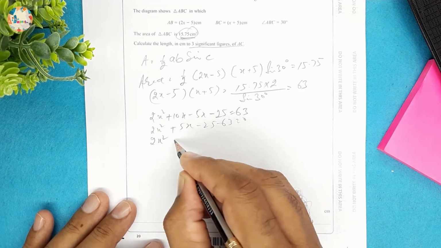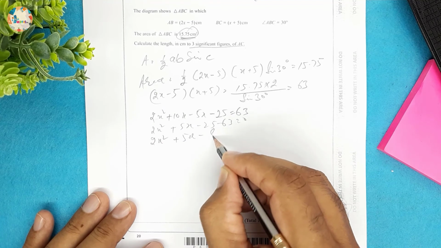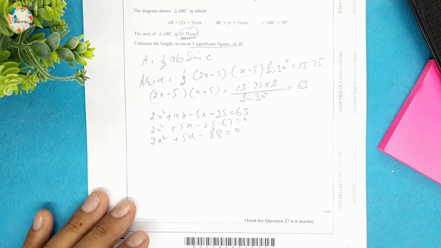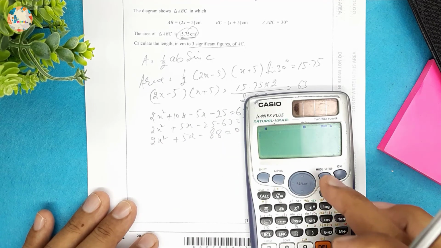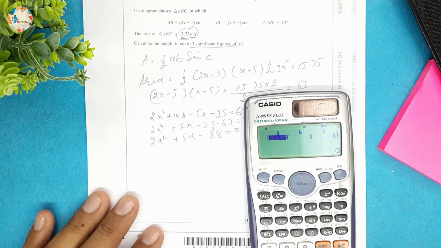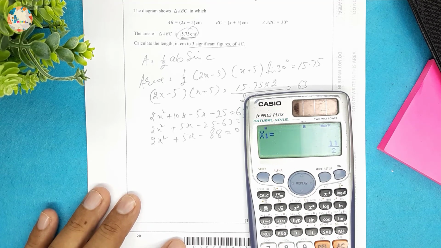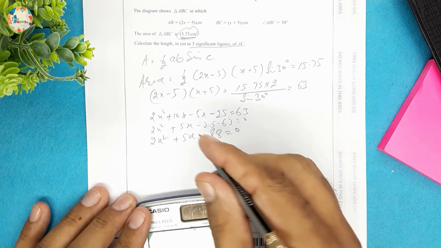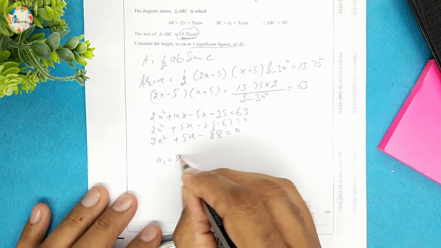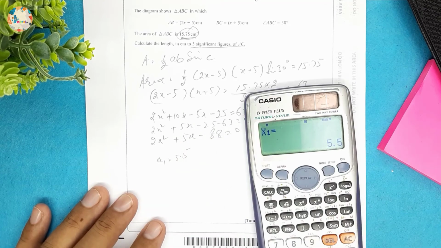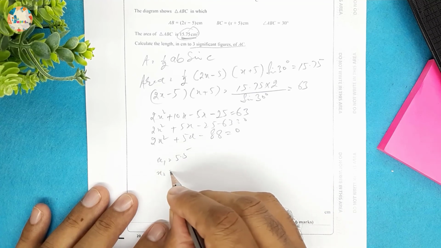So 2x squared plus 5x minus 88 is equal to 0. Now we can use the calculator's mode 5 3, and the coefficient of x squared is 2, the coefficient of x is 5, and the constant is minus 88. So if we enter the values, the first value will be 5.5, so x1 is equal to 5.5, and the second value is minus 8, so x2 is equal to minus 8.